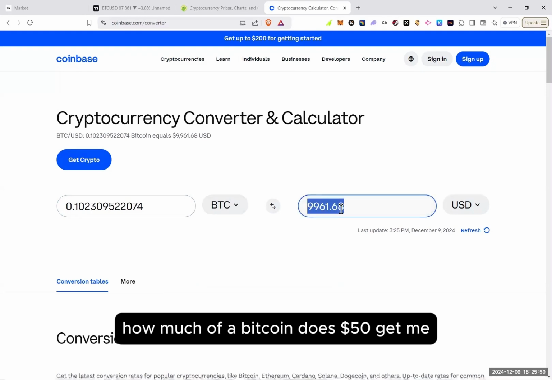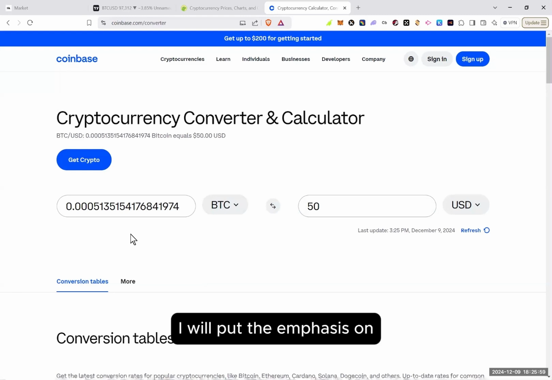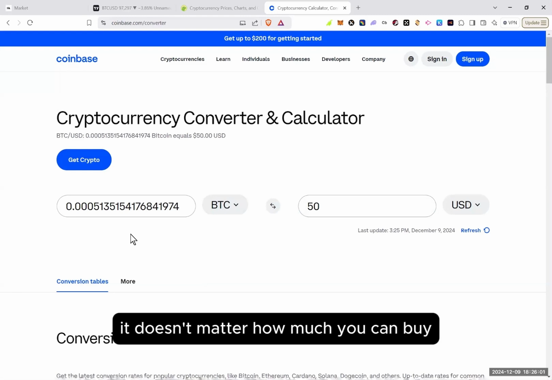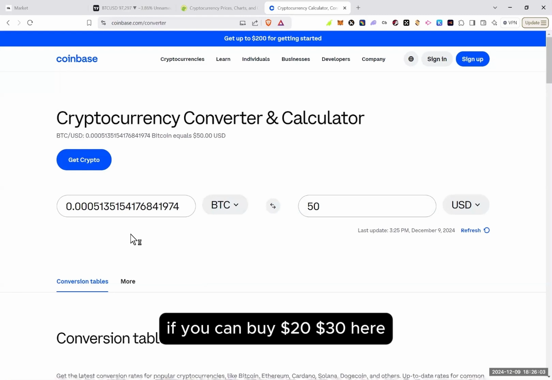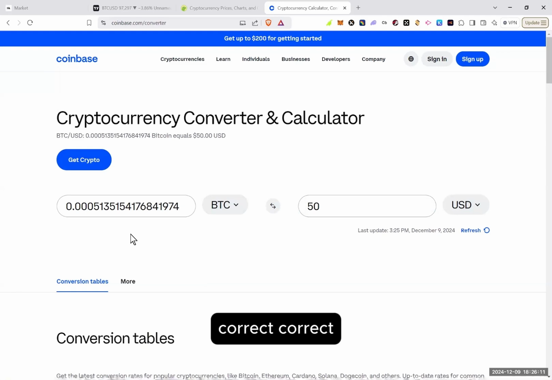How much Bitcoin does $50 get me? For the people who are just buying fragments of the coin, I will put the emphasis on it: it doesn't matter how much you can buy. If you can buy $20 or $30 here, certainly just get the digital asset of Bitcoin. Correct.